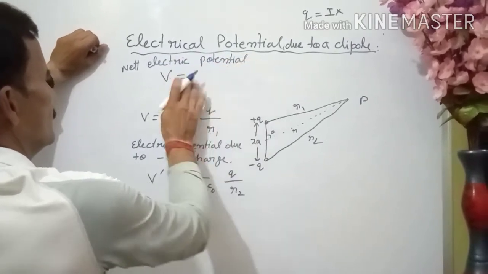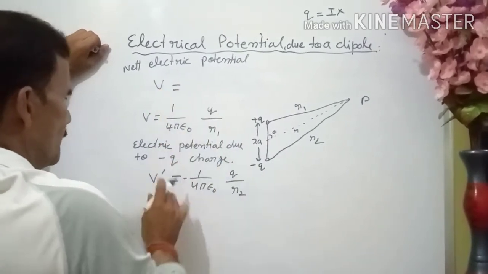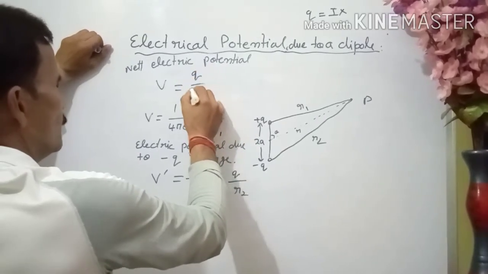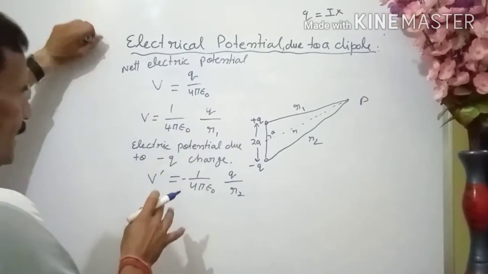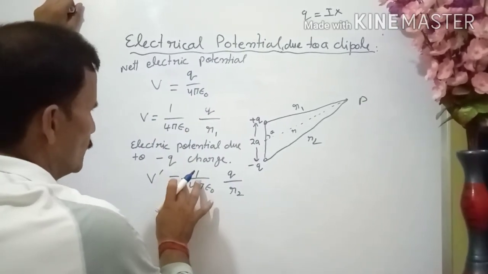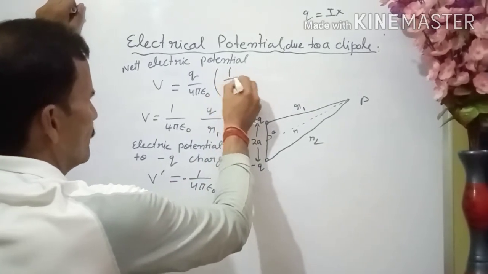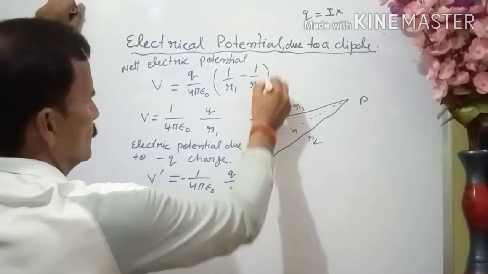So you are getting Q upon 4 pi epsilon naught, and due to the minus you will get 1 upon R1 minus 1 upon R2.